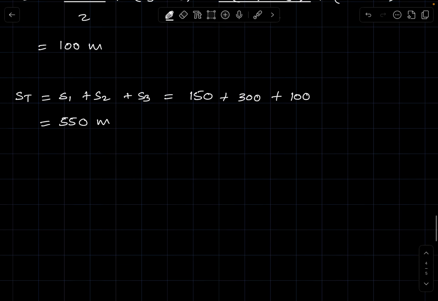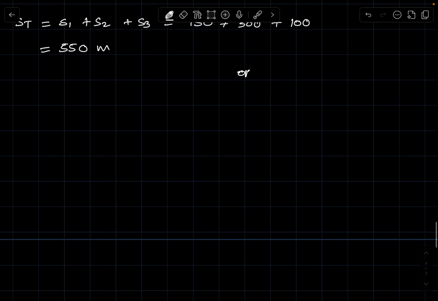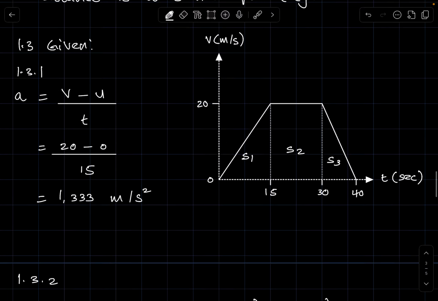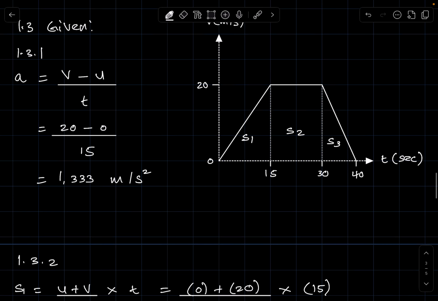So essentially what I mean is, S total will be equal to area of first section plus the area of the second section plus the area of the third section. Now what is the area of the first section? First section is a triangle. The area of a triangle is half base times height, so the base here is the time.